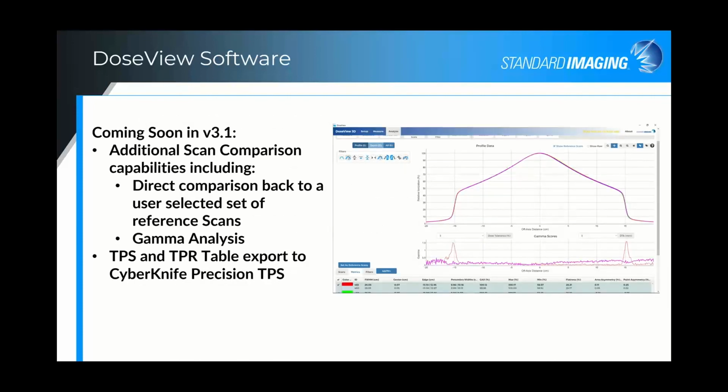Something I mentioned as well, coming soon in our version 3.1, probably in the next month or so, it's out in beta at a few sites being tested: direct comparison back to a user-selected set of reference scans, including that gamma analysis and metric comparison, and also the TPS and TPR table export to CyberKnife.